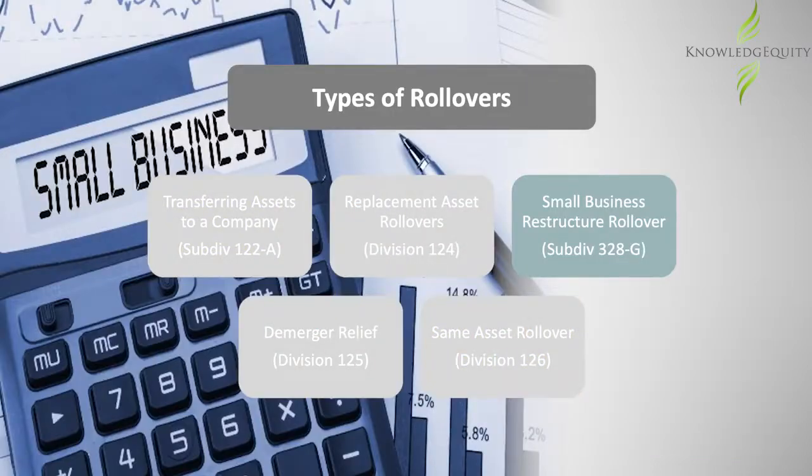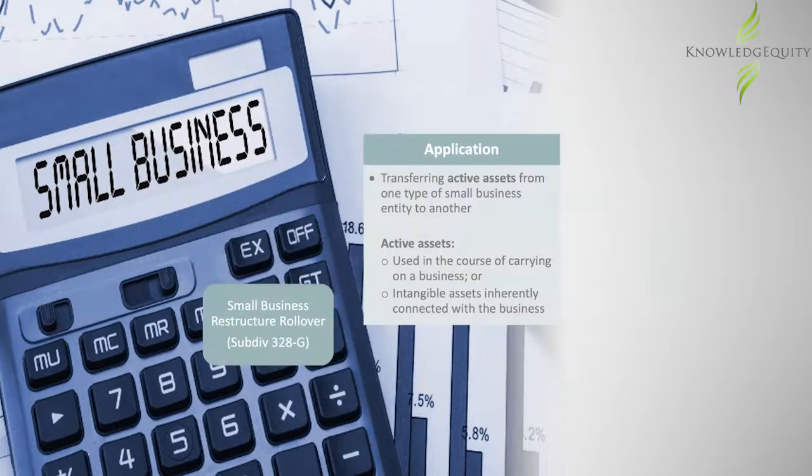The Small Business Restructure Rollover is a broad rollover aimed at transferring a small business entity's active assets from one structure to another. Active assets are generally those used in the course of business, as well as intangible assets inherently connected with the business. Active assets generally do not include assets such as rent-earning residential property.